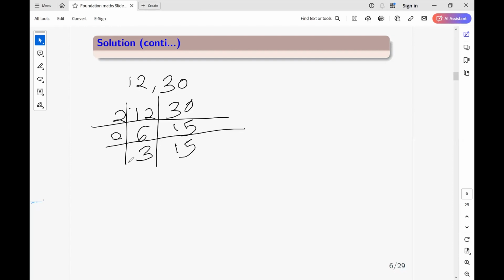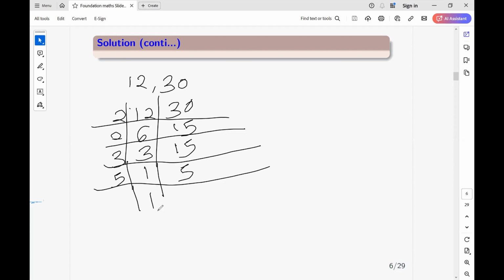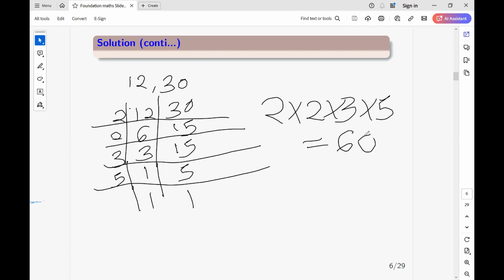It can't go into 15 without leaving a remainder, so we just write 15. Next we have 3, which goes once here and 5 times here, then 5 gives 1. So we have 2 times 2 times 3 times 5, which gives us 5 times 3 is 15, times 2 is 30, times the other 2 is 60.